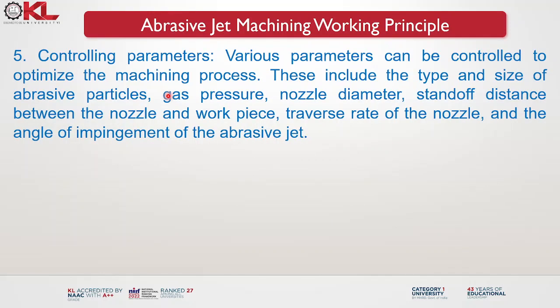Controlling parameters. Various parameters can be controlled to optimize the machining process. These include the type and size of abrasive particles, gas pressure, nozzle diameter, standoff distance between the nozzle and workpiece, traverse rate of the nozzle, and angle of impingement of the abrasive jet.